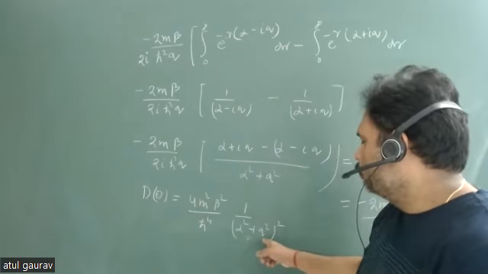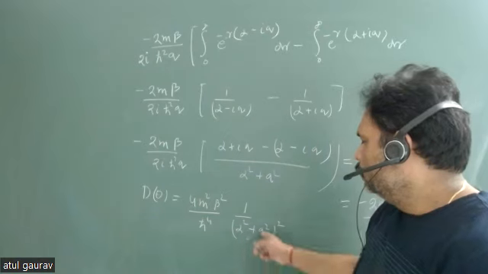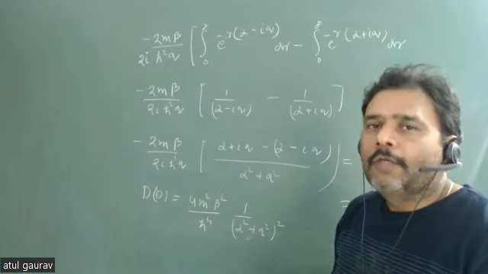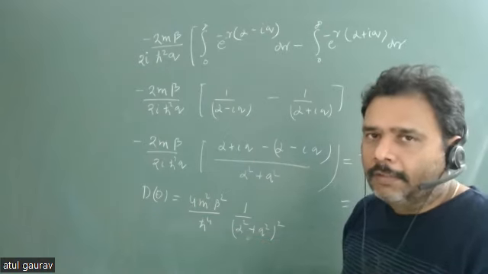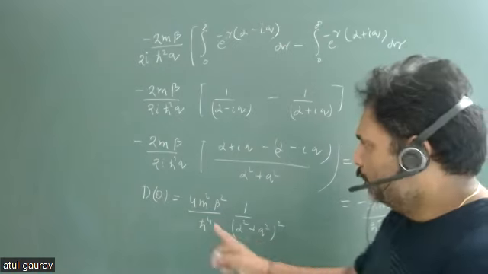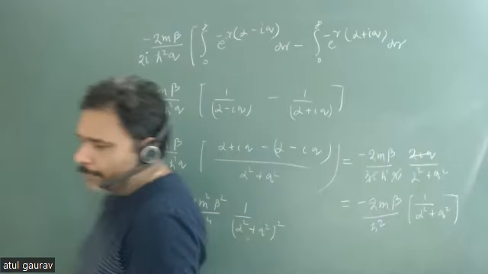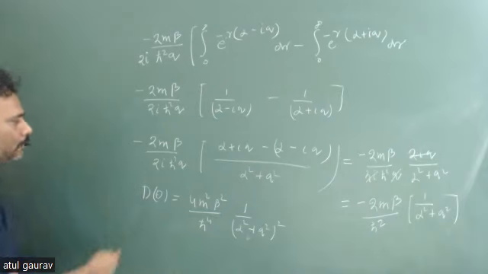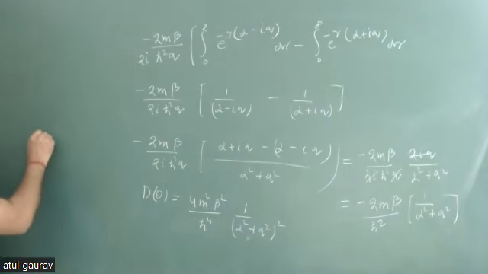Why? Because what is the value of q? q की वैल्यू क्या है? 2k sin(theta/2), isn't it? You can easily check it. देखो, आप इसको easily check कर सकते हो that this value is equal to 4m²β²/ħ⁴.